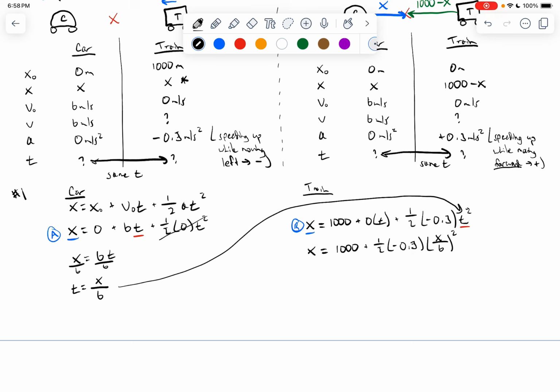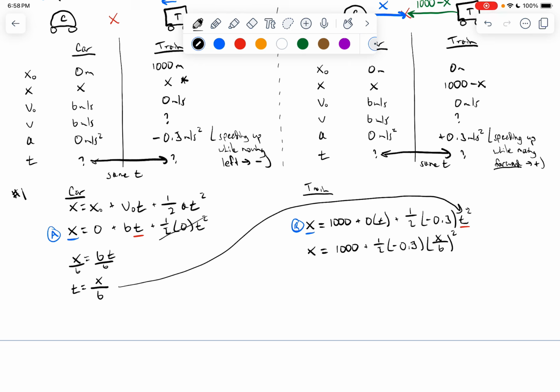So one thing we'll notice is that we're going to have an x squared term. So basically we're setting up a quadratic equation here. One thing we can do is put this in the form of ax squared plus bx plus c.